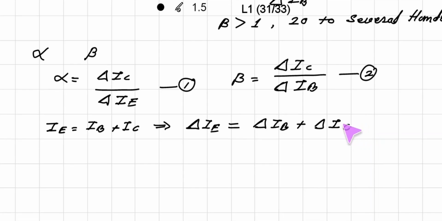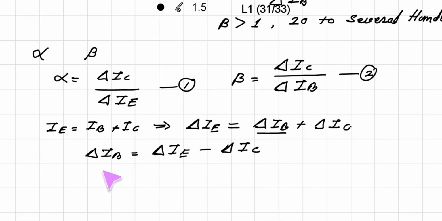From this we can write delta IB is equal to delta IE minus delta IC. We can put this value of delta IB in equation 2.